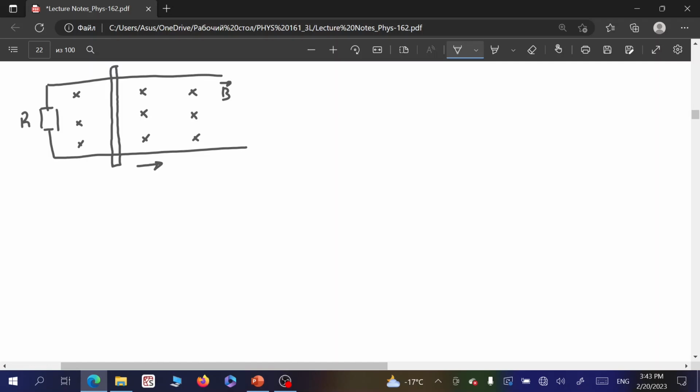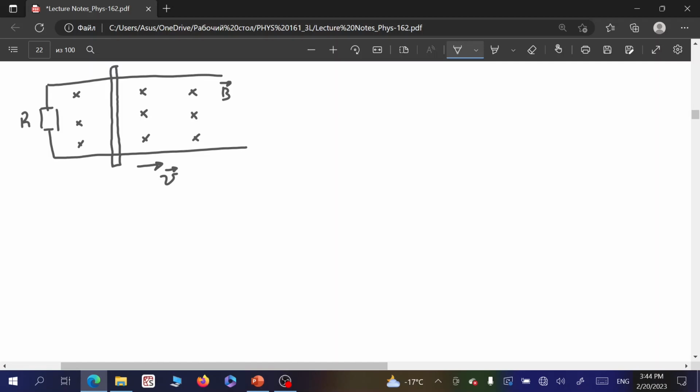So if this conductor is moving with some velocity vector, then obviously we create this motional electromotive force, which is induced electromotive force now in this electric circuit, straight conductor and resistor, and that will cause some electric current running through this circuit.